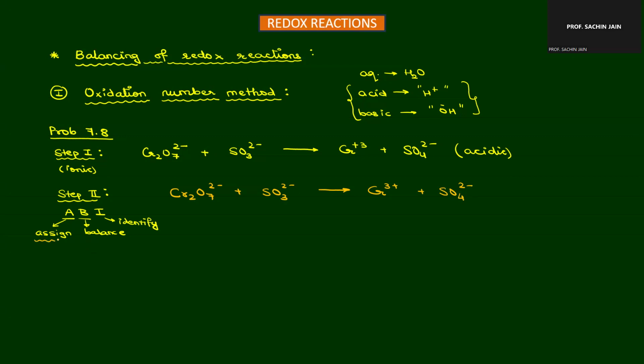Assign indicates we have to assign the oxidation number mainly to the elements which are undergoing a change. With observation, the chromium in the dichromate, +6, is changing to +3, and the sulfur in the sulfite, +4, is changing to +6 in sulfate. So I've assigned the oxidation number to the elements undergoing the change.